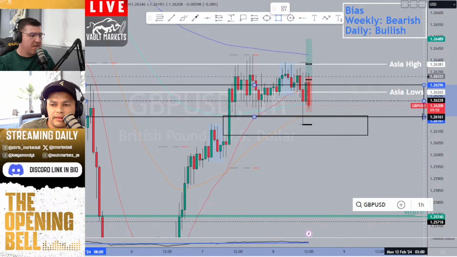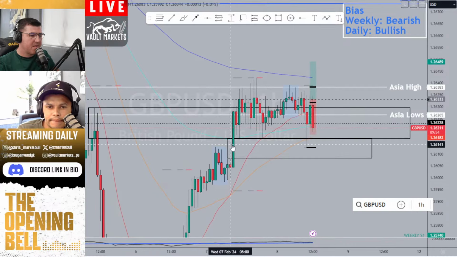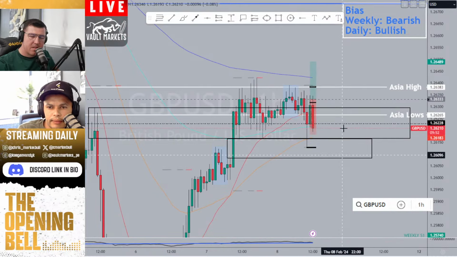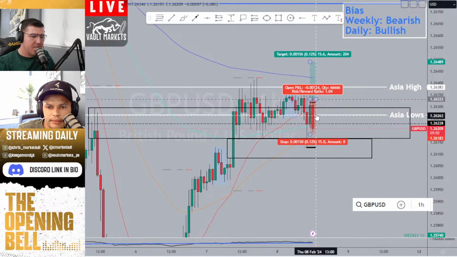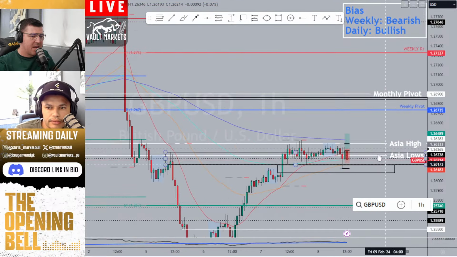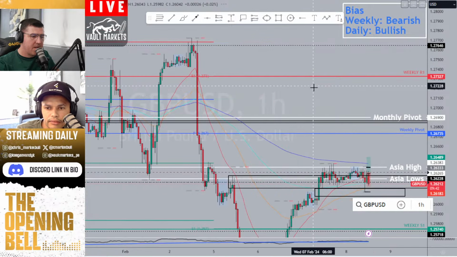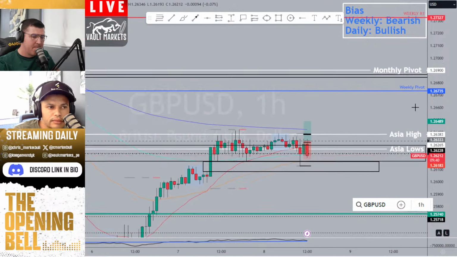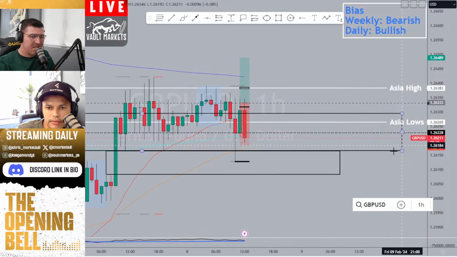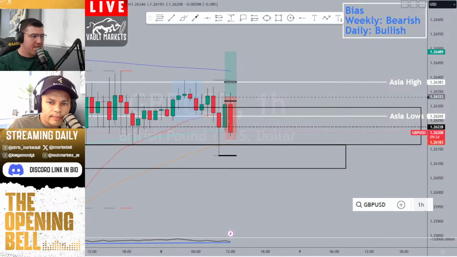If you look left here, this supply failed to contain price, so we broke through. So this entire zone actually becomes a buy zone for price to go higher. And then also now you're targeting the opposing range liquidity that's up here. But yeah, GU's literally up 7 pips on the day.